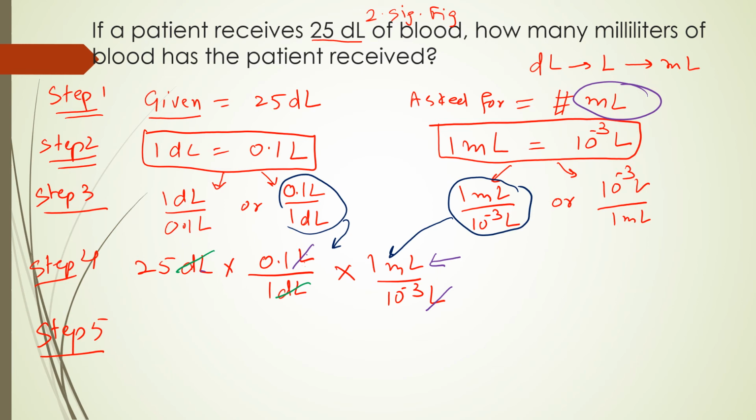So if I perform this calculation using my trusty calculator, let me see what I get. So 25 times 0.1 times 1, so this gives me 2.5 divided by 10 to the negative 3 milliliter.